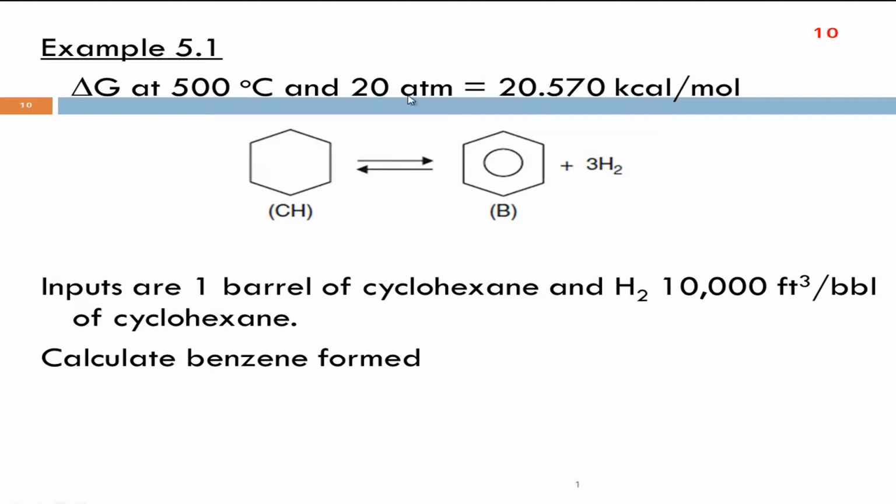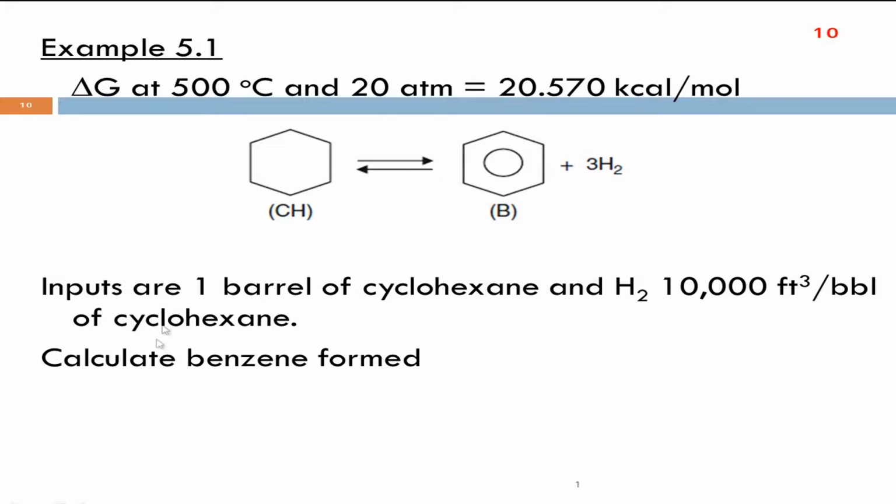This is an example of the dehydrogenation of cyclohexane to produce benzene. Of course, this can increase the octane number of the chemical. Since the reaction takes place at 500 degrees Celsius and medium pressure, we have to find the Gibbs energy, and it is about 20.6 kilocalories per mole.